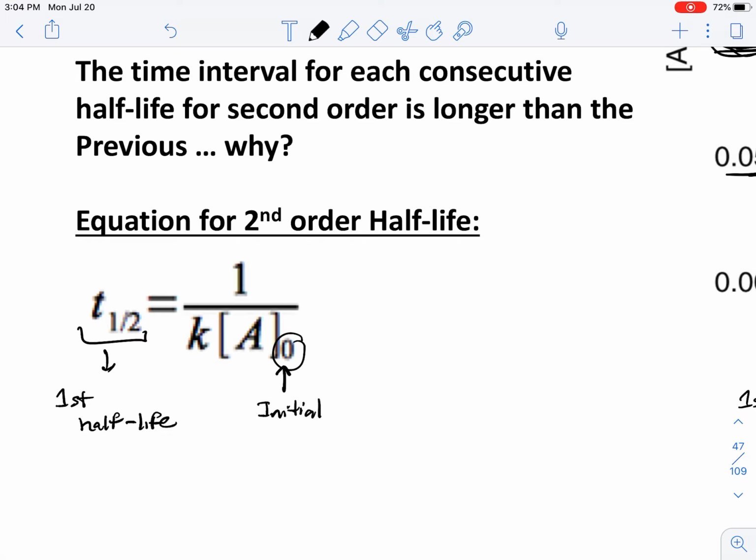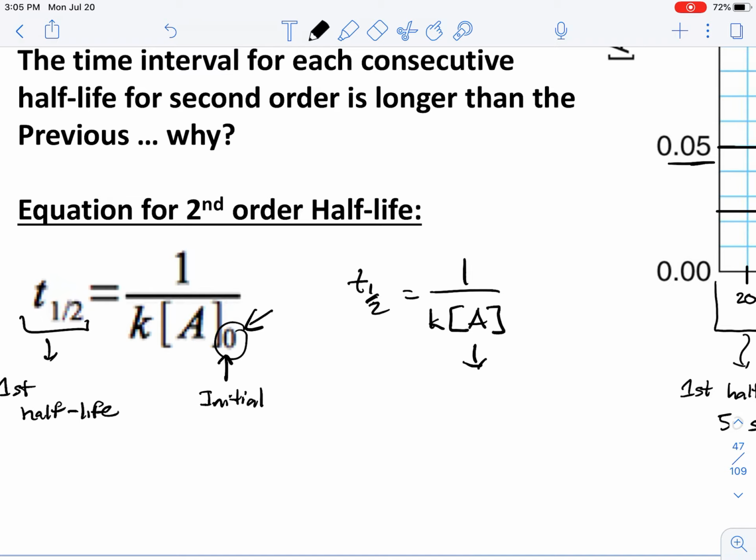If you're talking about consecutive half-lives, then t1/2 is equal to 1 over k, and I'm not going to put the 0 there. So this is just referring to the concentration at any given time value.